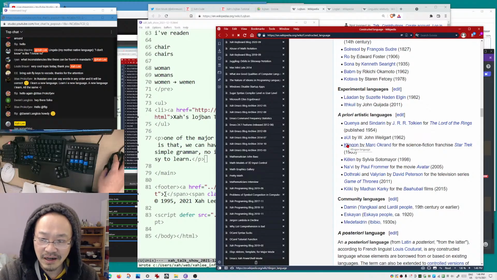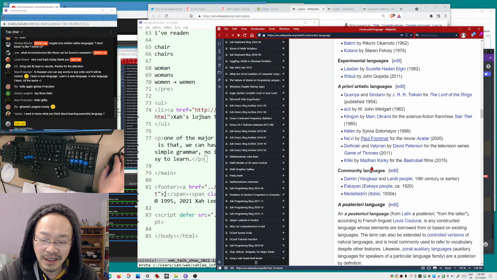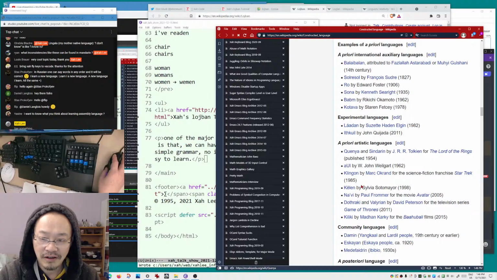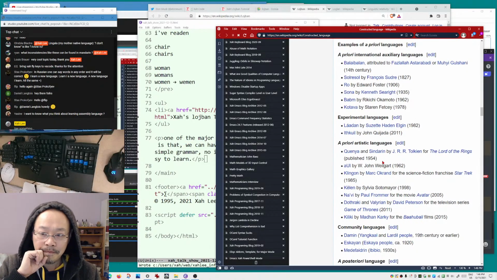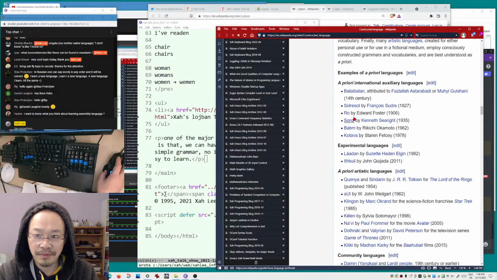Okay, there is Klingon, and there's Na'vi from Avatar. Many constructed languages. These are fictional, and these languages are created for the purpose of writing a novel. They have a slightly different purpose, a different reason they are created.